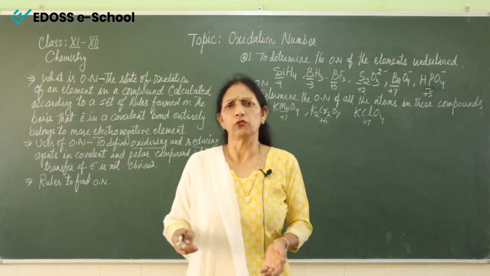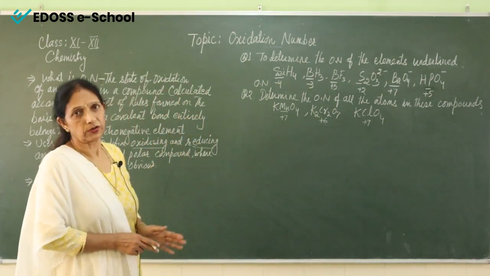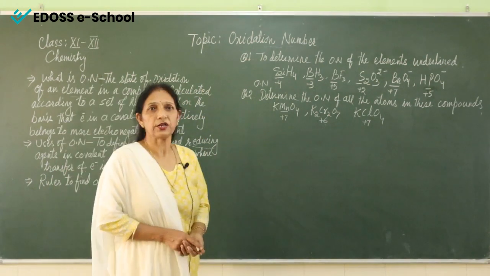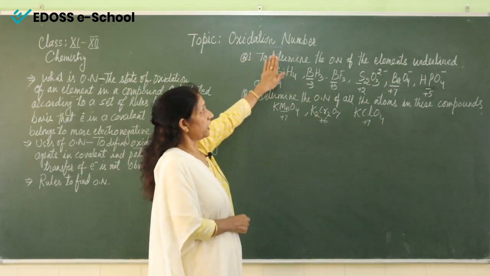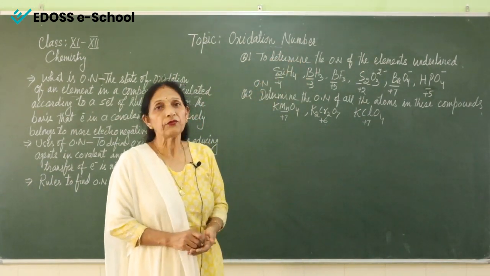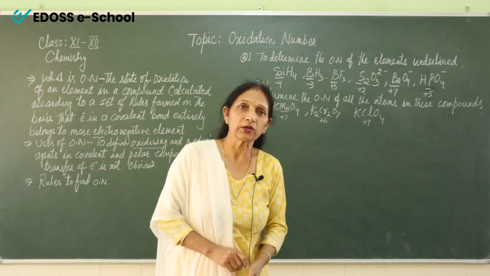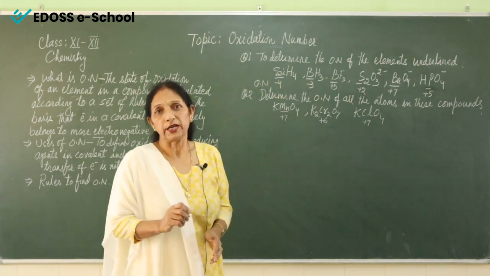There are so many rules to find the oxidation number. Rules we will discuss later on as the compounds come up. I have written a few compounds here and we have to find out the oxidation number of the underlined elements.